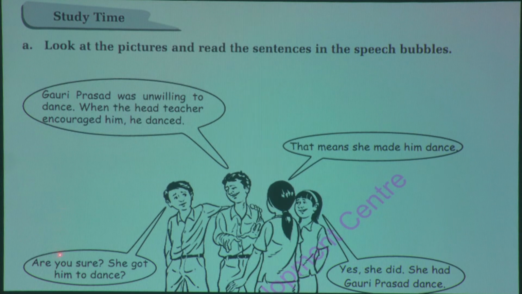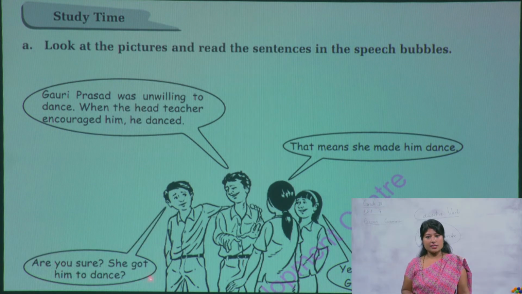What is the statement over here? Are you sure she got him to dance? So another student is not confirmed about it, so the query is still there with him. Let's see the structure.